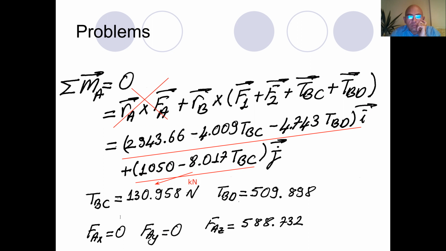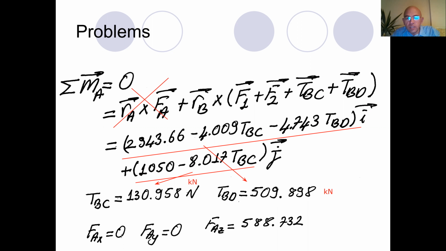And now, after finding the TBC, I can easily find the TBD from this equation. Again, the unit is kilonewtons. So it is 509.898 kilonewtons.